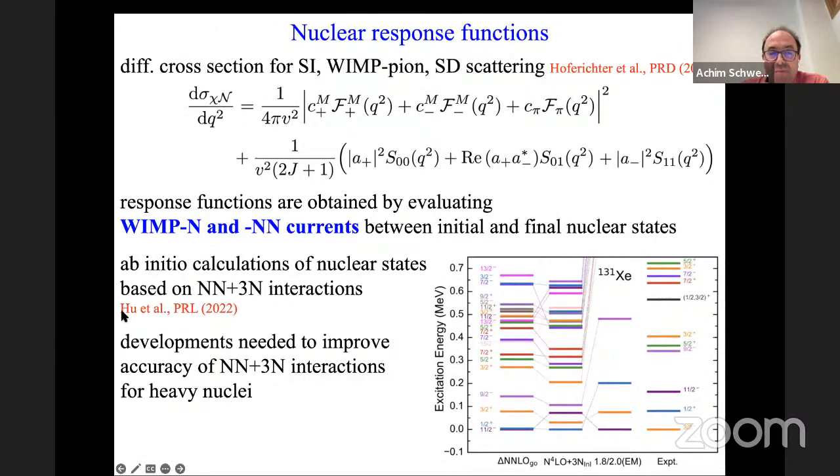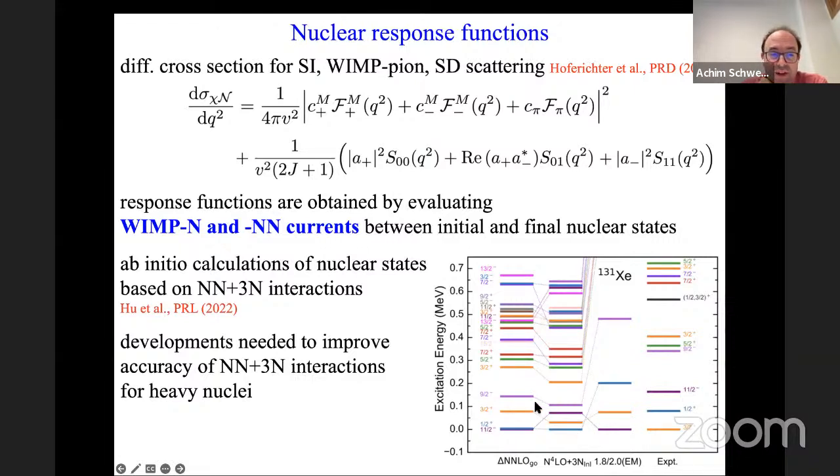And there was actually a very nice paper by Baishan Hu and collaborators that appeared a couple of months ago. However, for heavy nuclei like xenon, the spectra based on different two- and three-body interactions are still a little bit off, and we still need to understand the theoretical uncertainties better here.